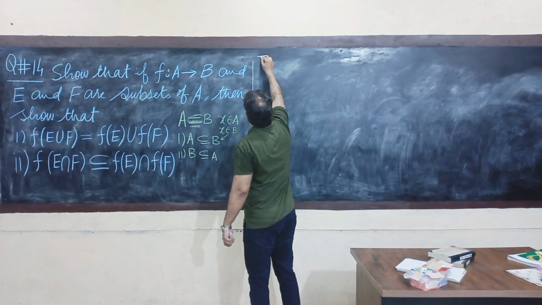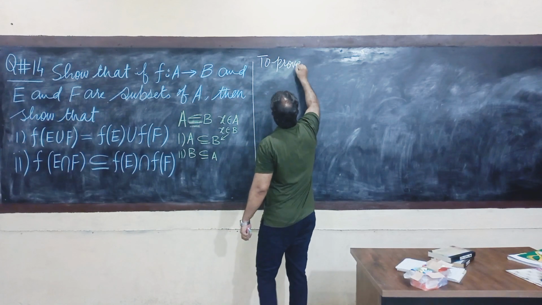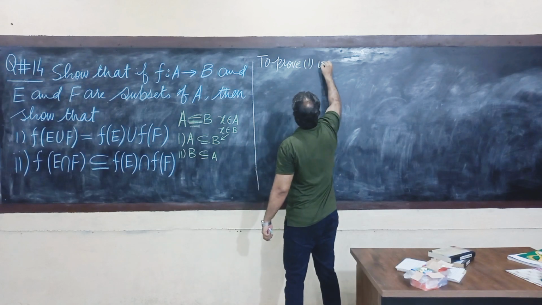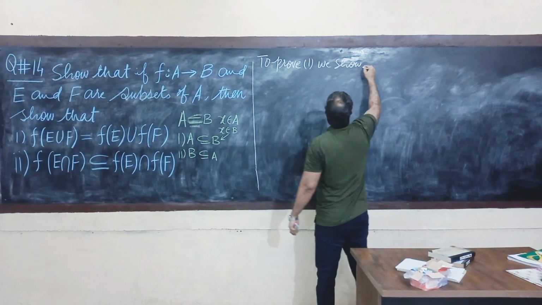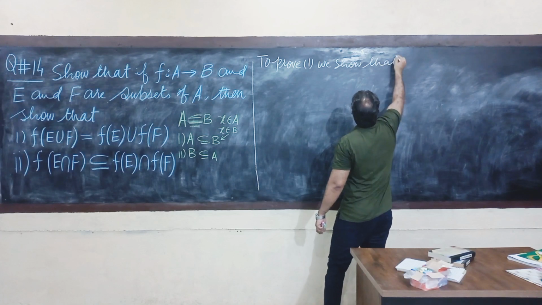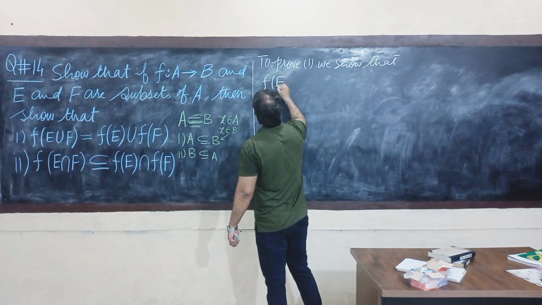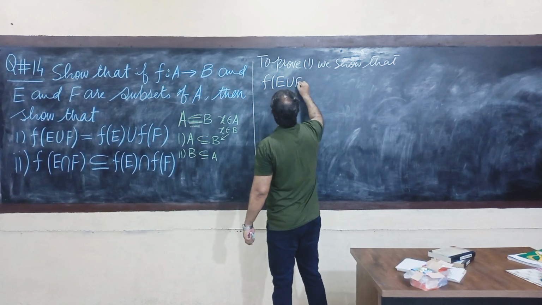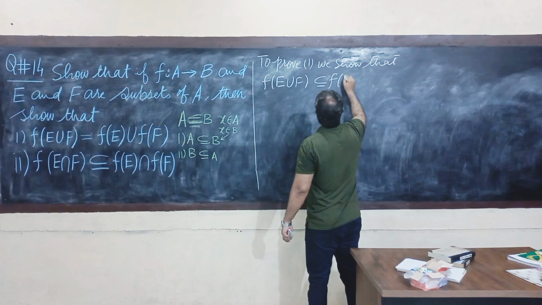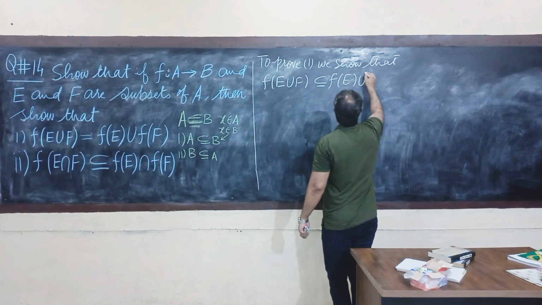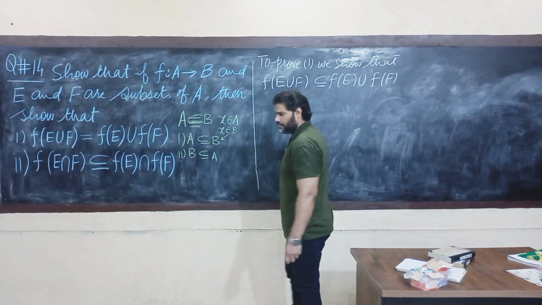To prove one, we show that f of E union F is firstly a subset of f of E union f of F, and vice versa.